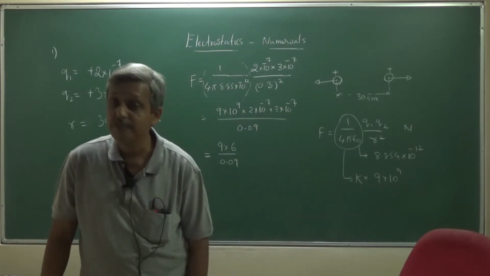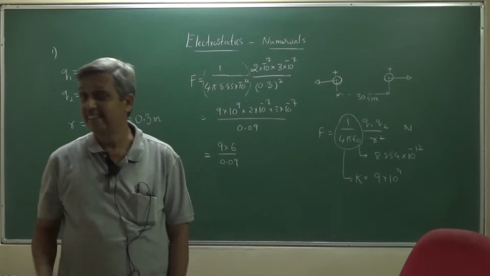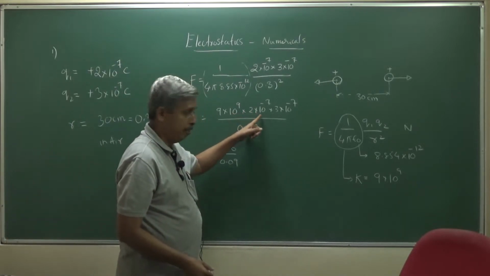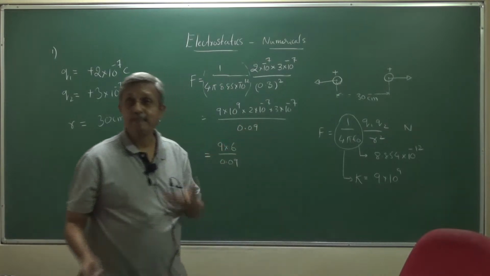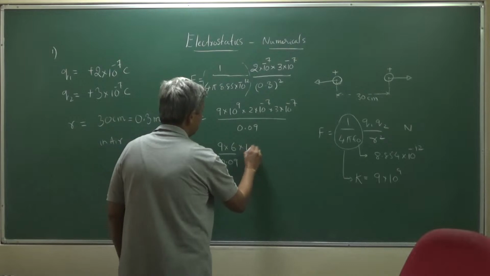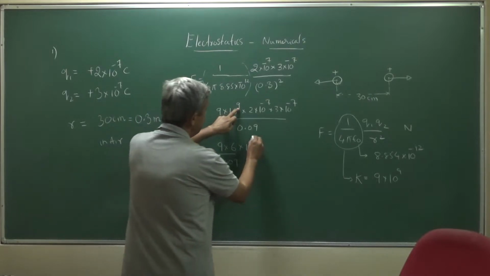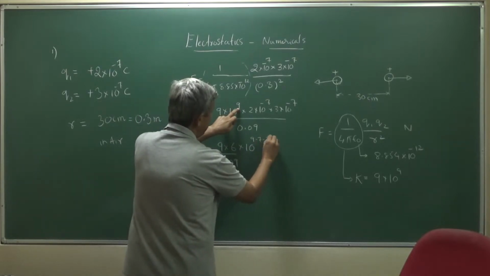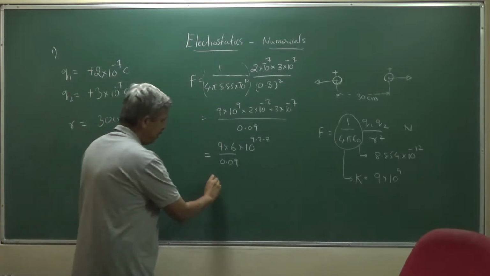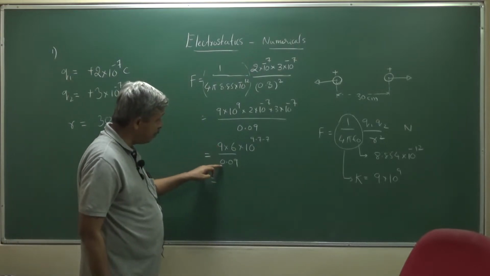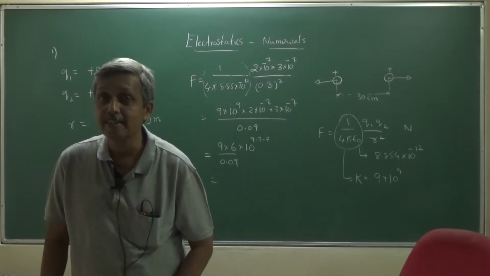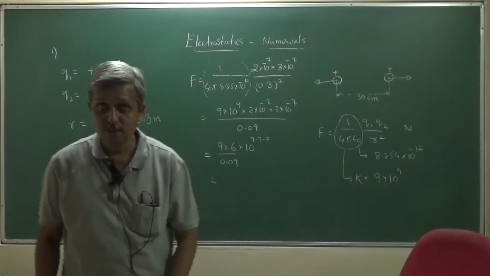I am going to use simple indices: a power m into a power n is a power m plus n. So 10 power 9 minus 7 minus 7. Now I'm going to do 9 by 0.09. 9 by 0.09, if you calculate, is going to be 100.